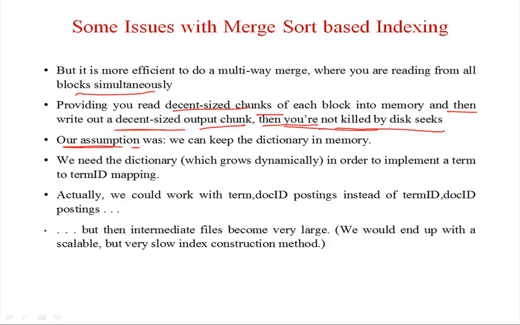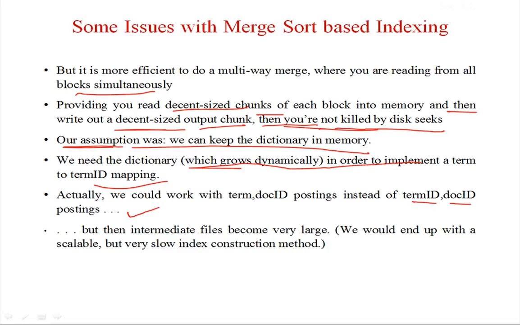Our assumption was that we can keep the dictionary in memory. We need a dictionary which grows dynamically in order to implement the term ID mapping that I already discussed. Another thing is that we could work with term and document ID postings instead of term ID and document ID postings.